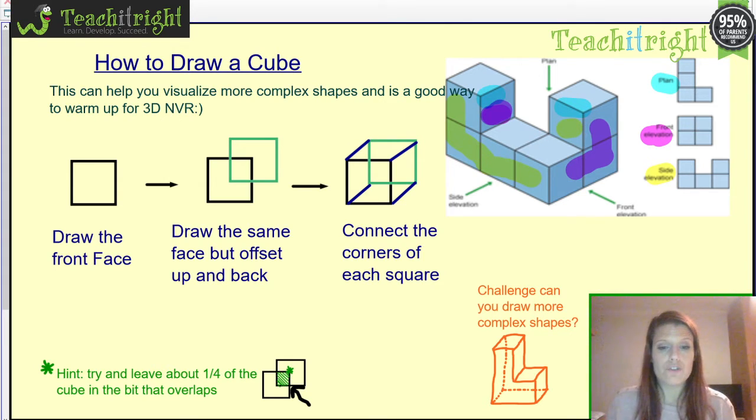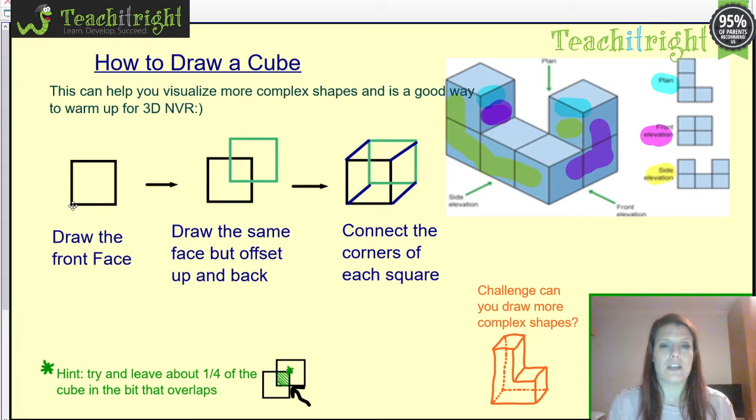So how to draw a cube. We're focusing on cubes and nets today. And being able to draw a cube can help you to visualize more complex shapes, as we've said. So first of all, you would draw the front face. Just draw a simple square. Then you would draw the same shape, in this case a square because we're drawing a cube, but offset slightly behind and slightly up.